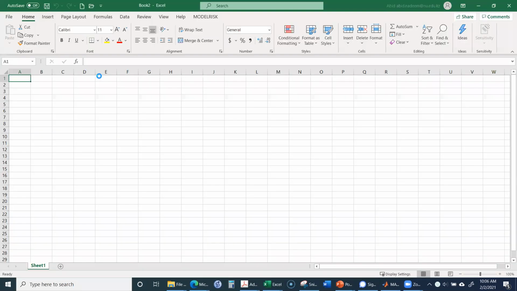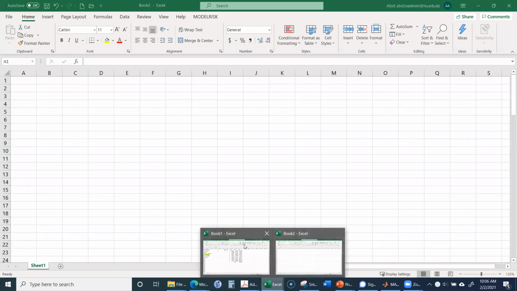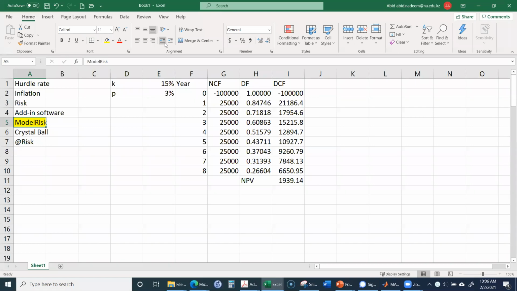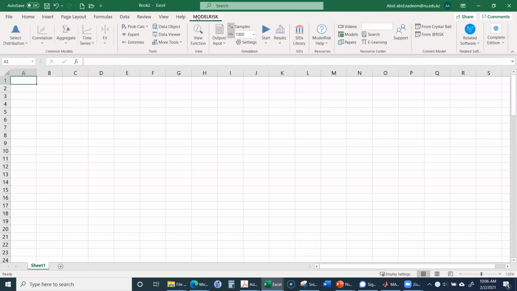Okay, so now I have opened this ModelRisk. Nothing will happen, it will only open in Microsoft Excel. So I will go back over here and I will see a ModelRisk tab open over here.